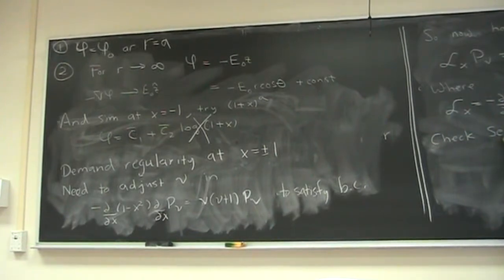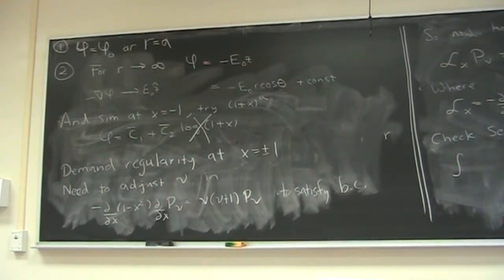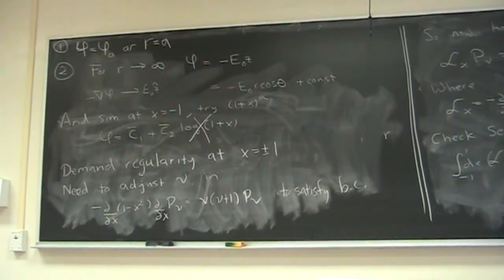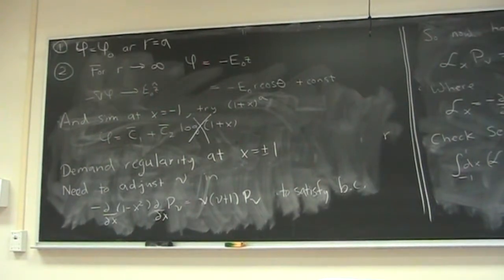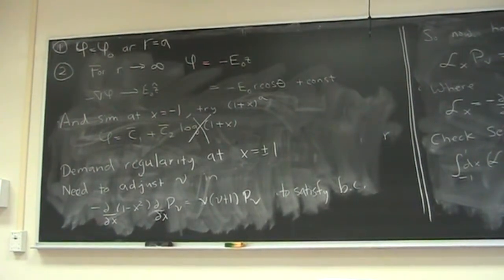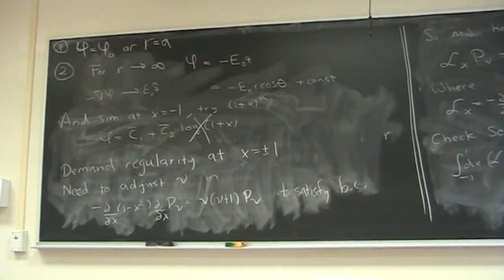Self-adjoint. Okay, so let's just see. What do we mean? We mean that if I integrate over the measure, if I take any two functions, f and g, which satisfy the boundary conditions, and that's important, then if it's self-adjoint, it satisfies the following equation.